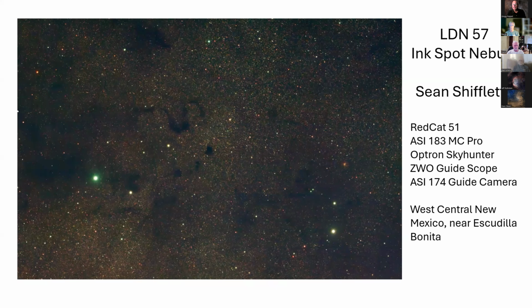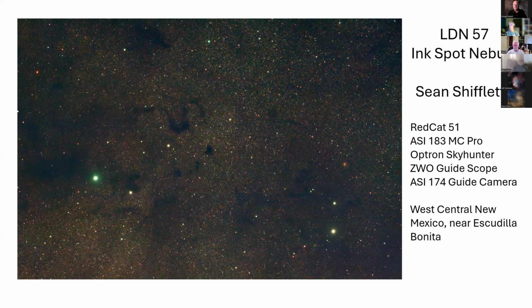This is Sean's image of LDN 57, and he called it the Ink Spot Nebula. I think that's the really dark one right in the middle. But as you can see, there's a whole bunch of other dark nebulas there, the Snake Nebula and several others. He shot this with his Red Cat 51 and ASI183MC Pro.